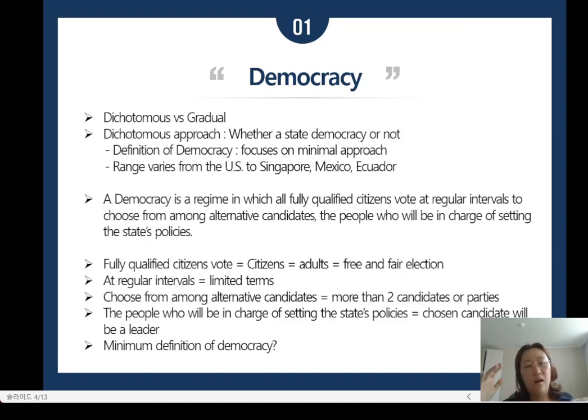So even though we can divide into two groups, democracy or non-democracy, if we look at the democracy group, we can see a lot of difference within the group, from the U.S. to Ecuador, and it's the same in the non-democracy section. The least democratic country in the world might be North Korea, but Singapore is not a democracy, though it has a lot of democratic values, right?